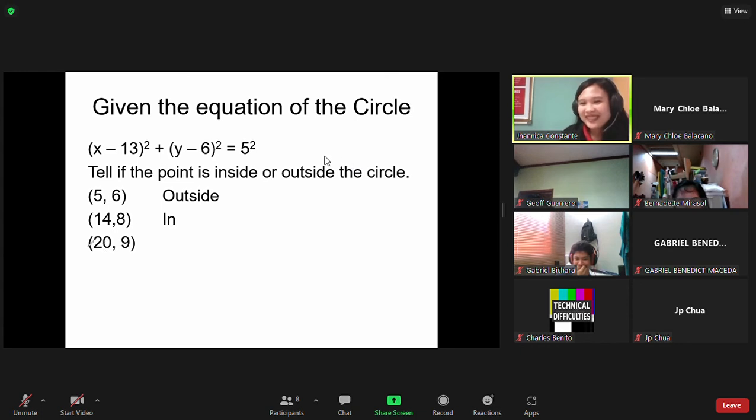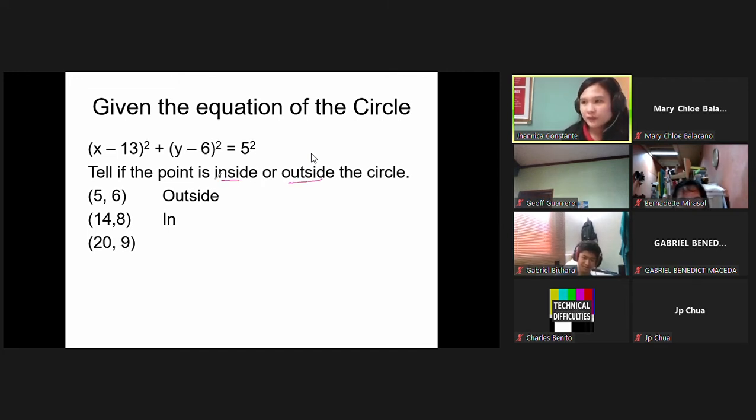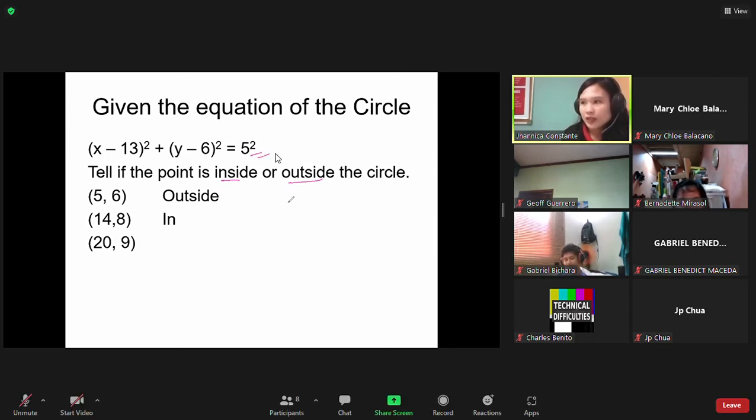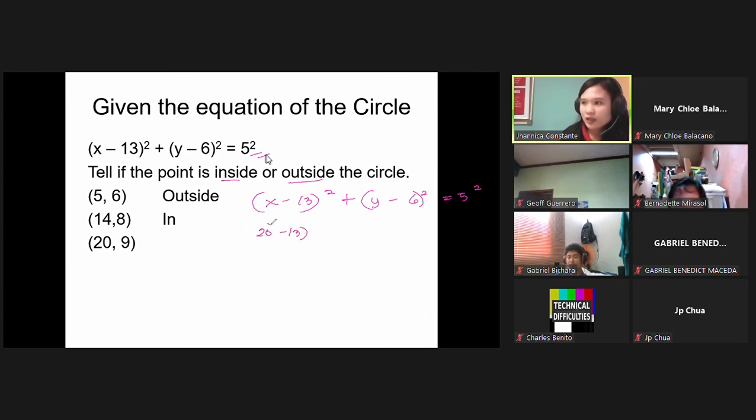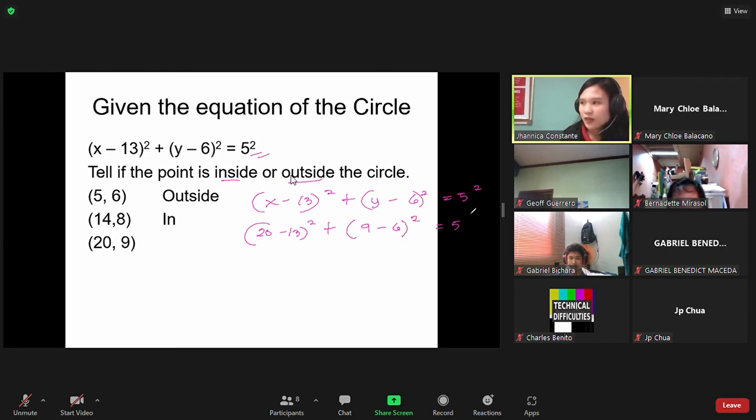So we have (20, 9) as our point, and you're going to identify if it's inside, outside, or on the circle. So the same equation of a circle, we have (x - 13)² + (y - 6)² = 5². The value for x is 20, so (20 - 13)² plus y equals 9, (9 - 6)² equals 5².